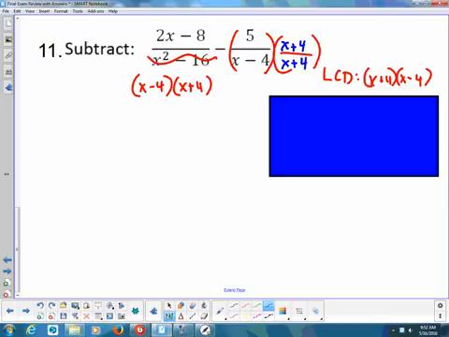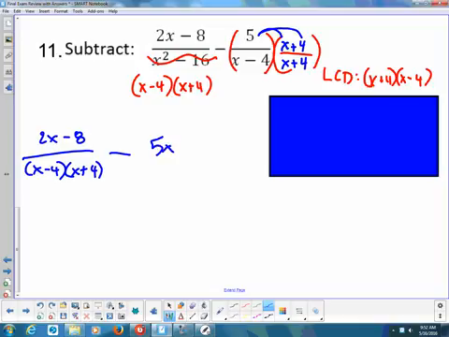All right, and when I do that, I am going to want to distribute, so I'm going to have 2x minus 8 over x minus 4 times x plus 4, minus 5x plus 20 over x minus 4 times x plus 4. Good news. We have common denominators now for our two fractions so that we can add them.